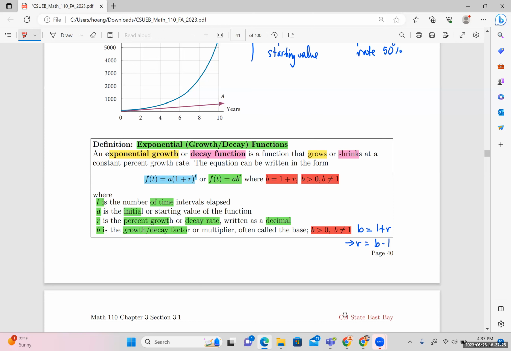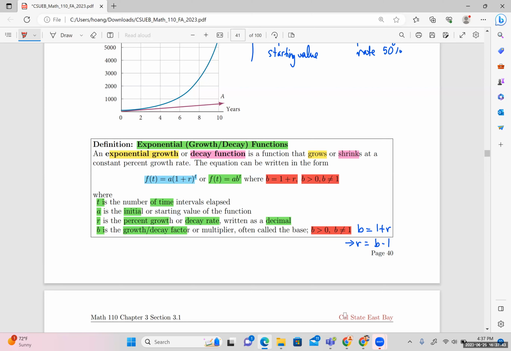If B equals 0, it will make a constant, because 0 raised to anything will be equal to 0.